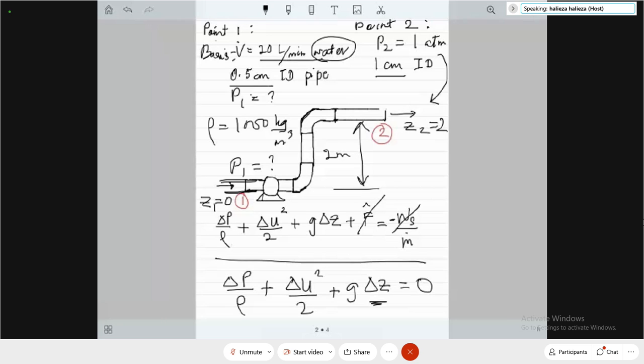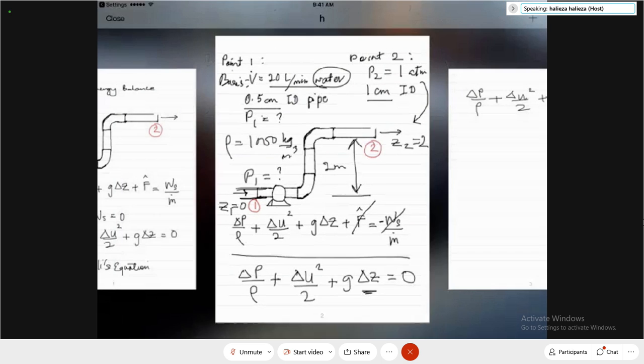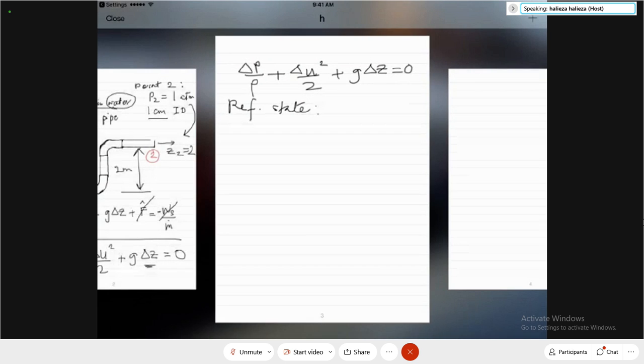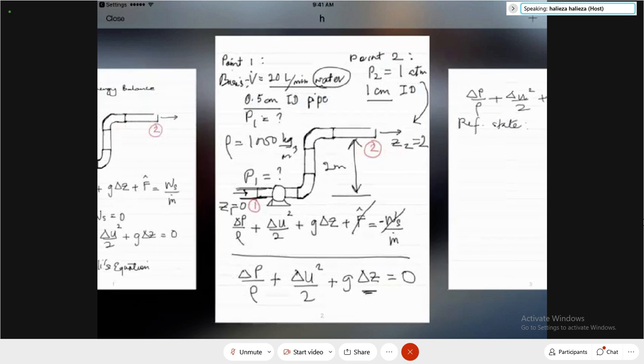You can choose the first location as your reference state or the second location. Let's say we choose the first location. I don't like the reference state to be in position 1. Why?